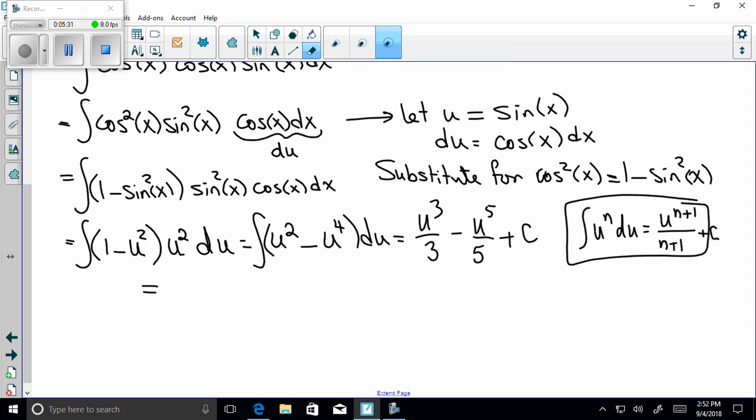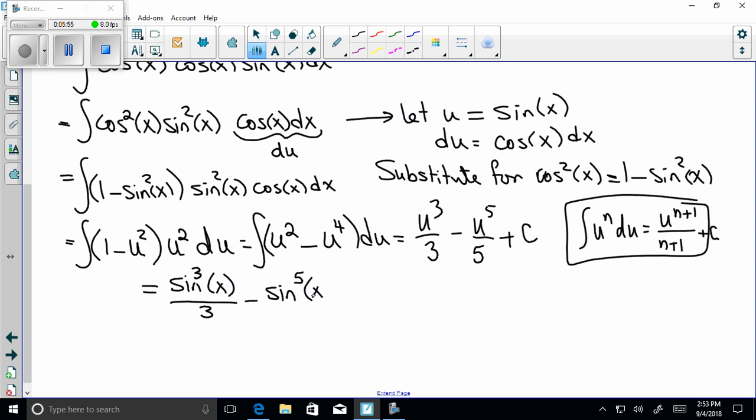So it'll be sine x to the power 3 over 3 minus sine x to the power 5 over 5 plus c. Okay, was that clear?